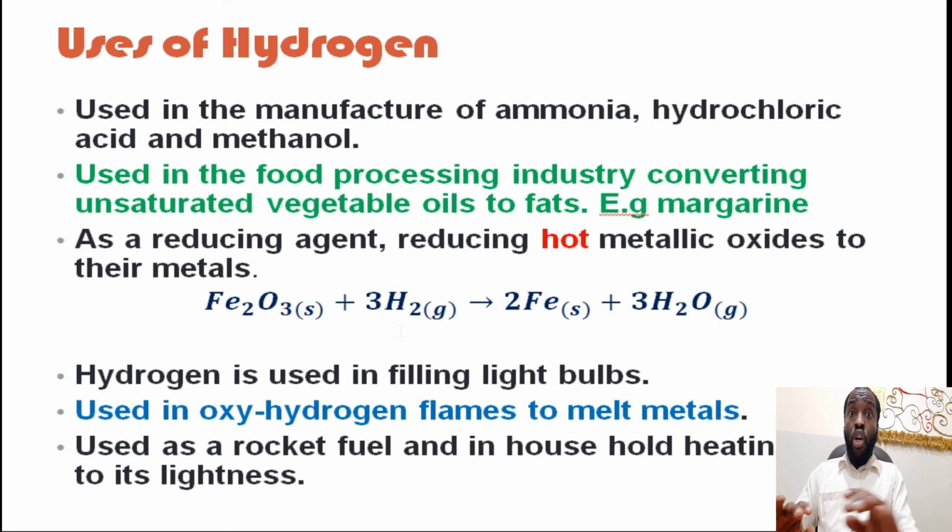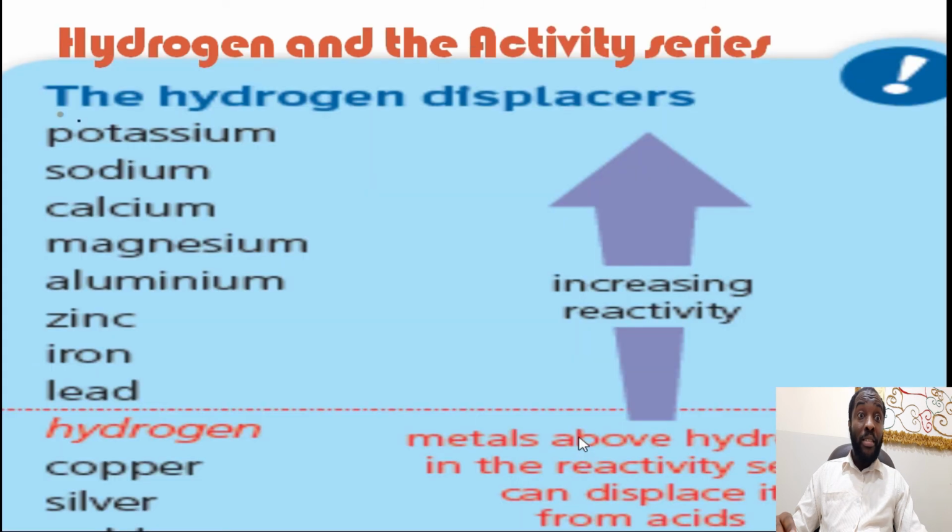Now, before we round up concerning hydrogen, I want us to look at the activity series. The activity series is simply the arrangement of metals based on their reactivity and how they are able to displace hydrogen from its acids. If we look at the activity series, this is where hydrogen is placed.